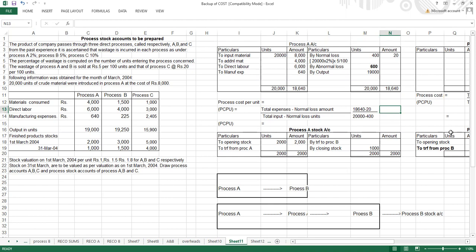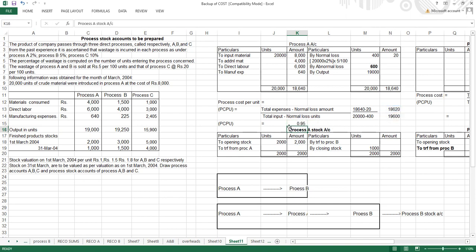Now I'll calculate actually. So it will be 18640 minus 20 upon 20,000 minus 400, 19,600. Okay, so it will be 18,620 divided by 19,600.